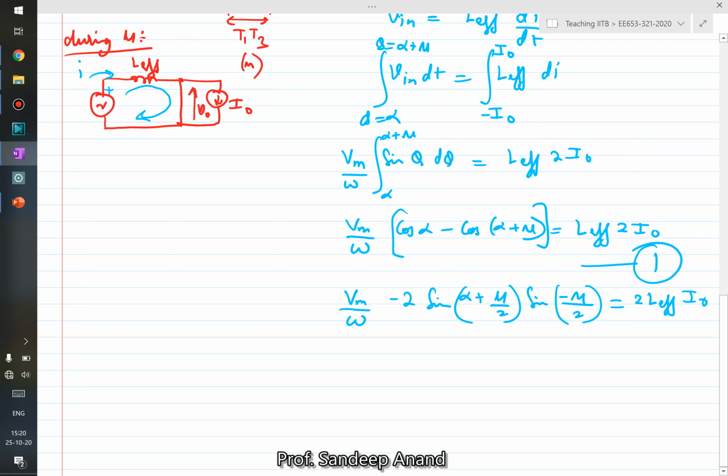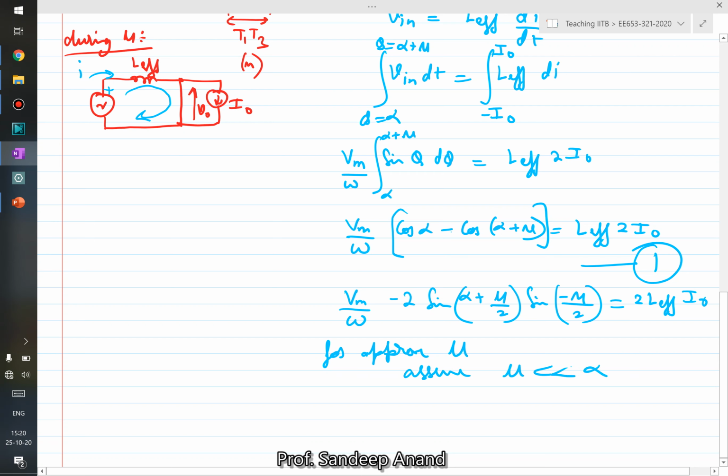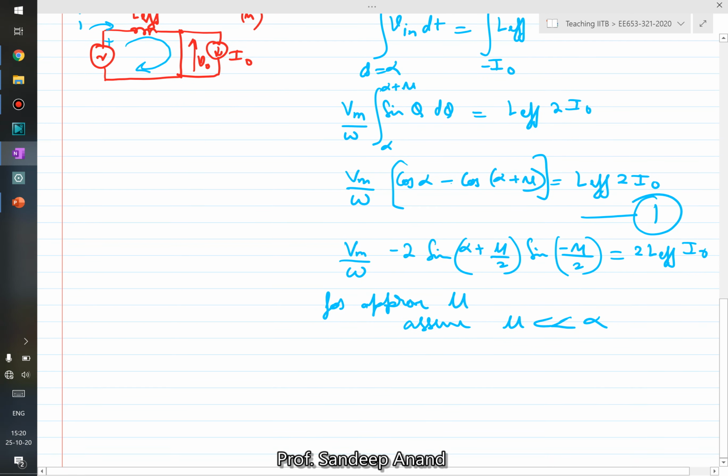Now if you want to have an approximate value of mu, you can assume that mu is much smaller than alpha. Therefore you can write this as Vm by omega into 2 into sine of alpha into sine of mu by 2. You can almost write it as mu by 2, equal to L effective.